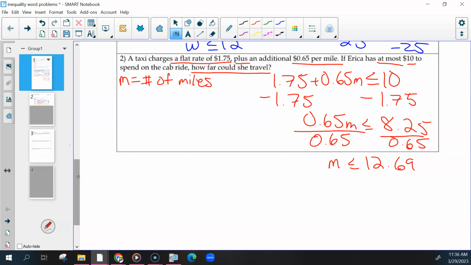So here, she could travel 12.69 miles and not go over her limit, but if she travels 12.7 miles, she'll go over her $10 limit and won't have enough money to pay for her taxi. So this would be a case where you would have to round down. We couldn't round up to 13 because she would definitely go over her $10 limit, but 12 would be fine.